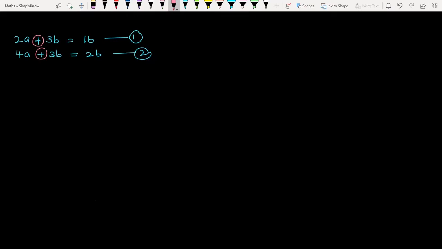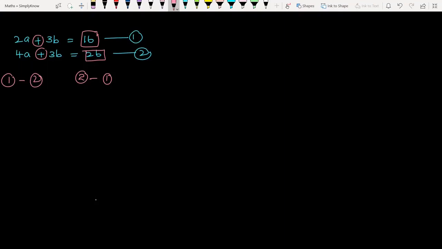So, are we going to subtract the second equation from 1 or the first equation from the second? Actually, you can use both ways, but it's easy for us to deduct a smaller number from a larger number. Therefore, consider the right sides of the equations. Here in the first equation, we have 16 and in the second equation, we have 26.